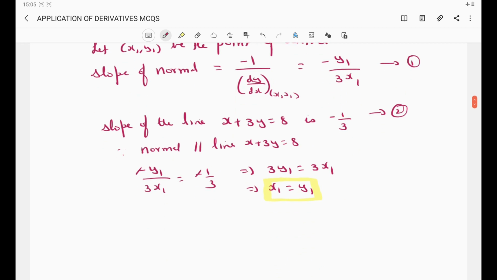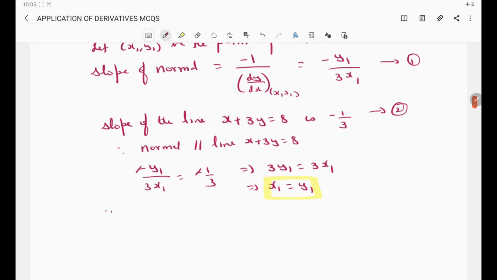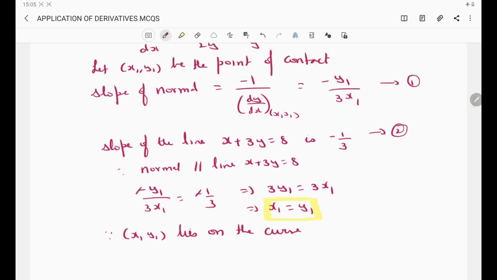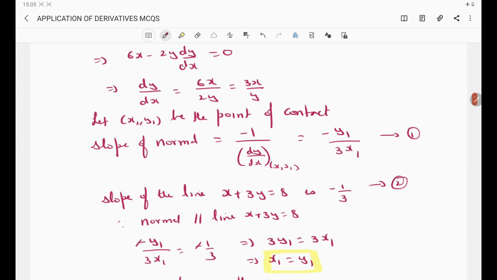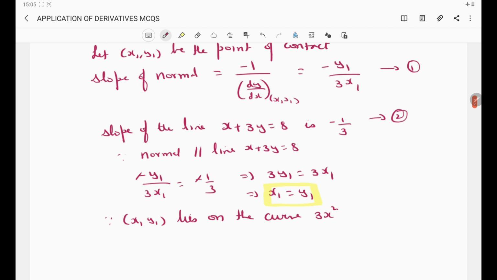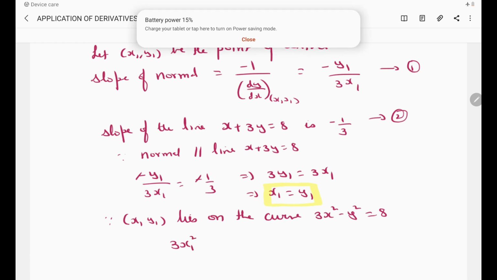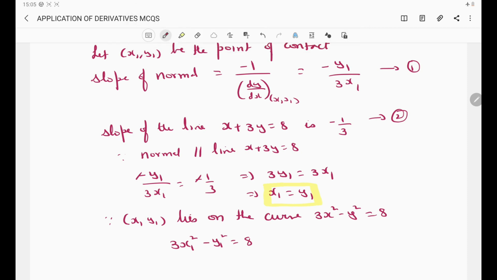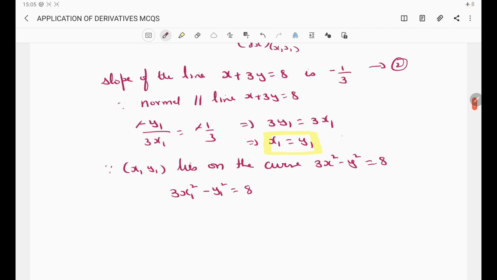So since (x1, y1) lies on the curve 3x square minus y square equal to 8, the condition becomes 3x1 square minus y1 square equal to 8. So this becomes equation 1 and this becomes equation 2. So we are going to solve these two equations.